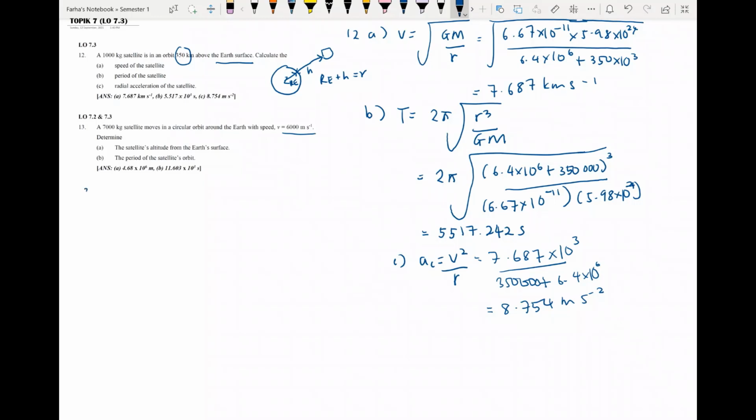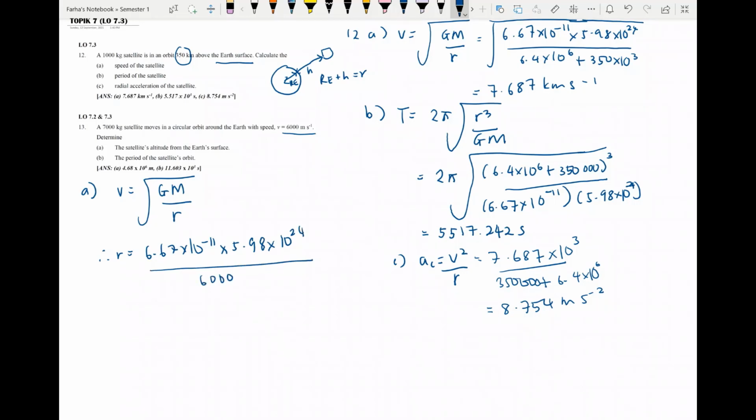So to answer 13A, we need to use the formula v equals square root of GM over R. So R equals 6.67 power of negative 11 times 5.98 power of 24 over v squared. Then we get 11.08 power of 6 meter.